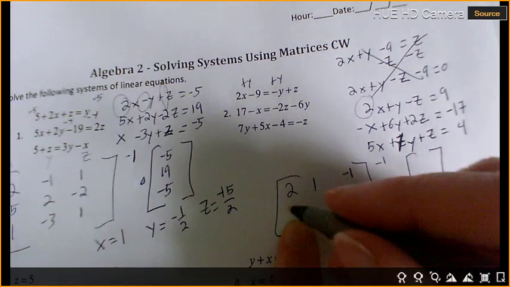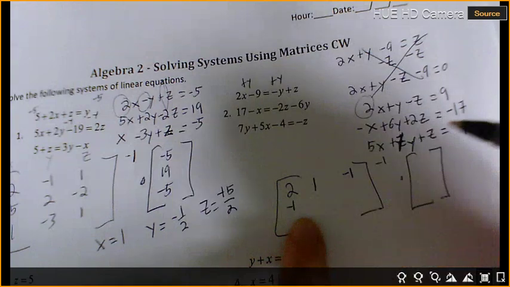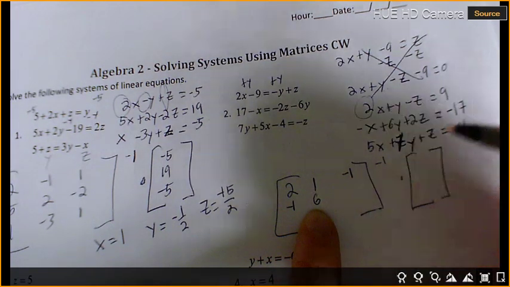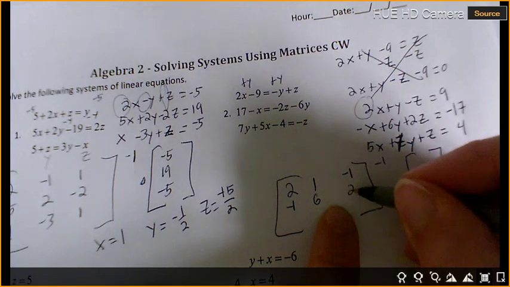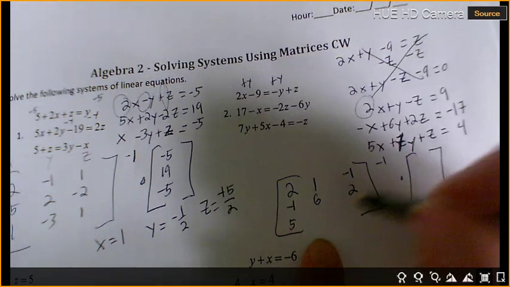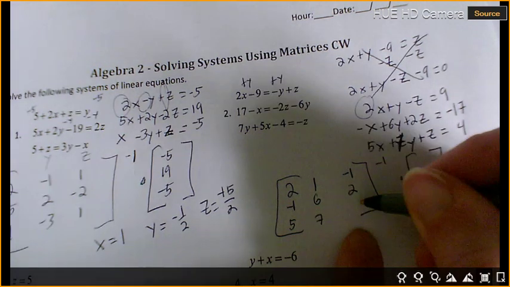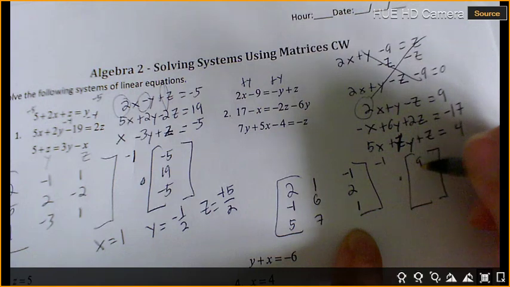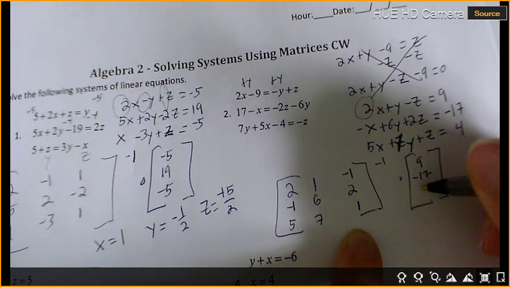And then the next one, we're going to put negative 1, positive 6, positive 2, and then the next line is going to be 5, 7, and 1. And then these are going to be 9, negative 17, and 4, right?